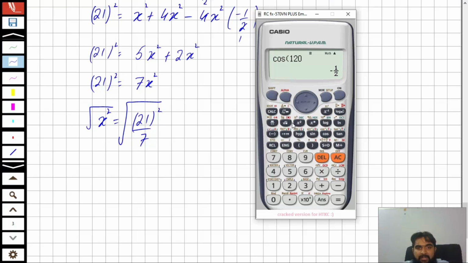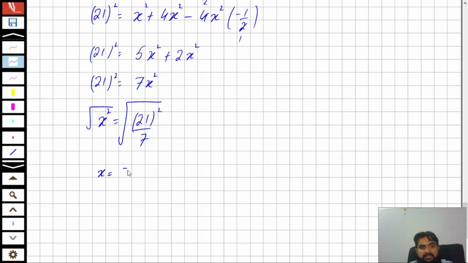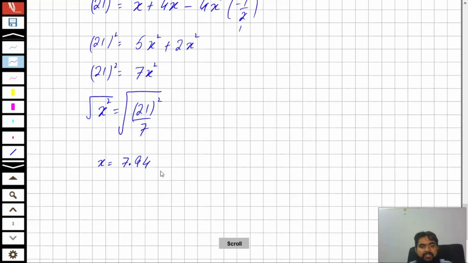So we have the square root of 21 square, in the denominator we have 7, equal, you will get 7.937, so 7.94. So the value of x is 7.94. These values are in centimeters.